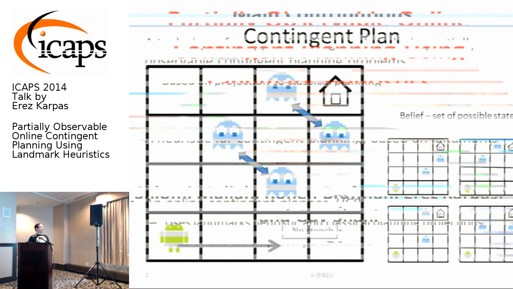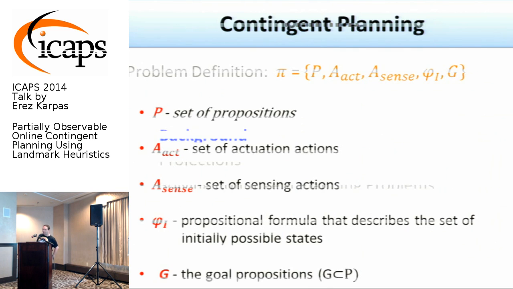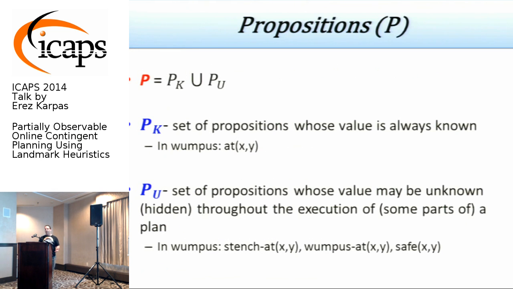Okay, let's go through this again quickly. So a contingent planning problem contains a set of propositions, a set of actuation actions, sensing actions, a formula describing the set of possible initial states, and the goal. Now, our propositions we can divide into the known propositions, okay, and the unknown propositions, where unknown means that there could be some point where it is unknown. So it doesn't necessarily have to be unknown the whole time, just at one particular point it might be unknown.